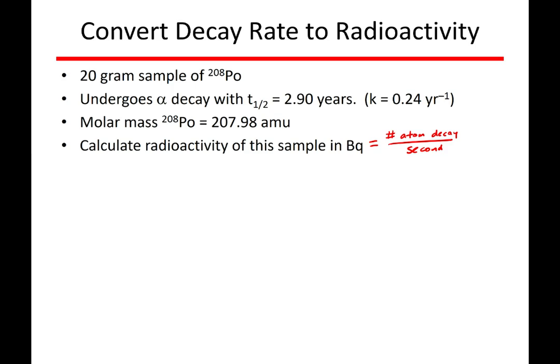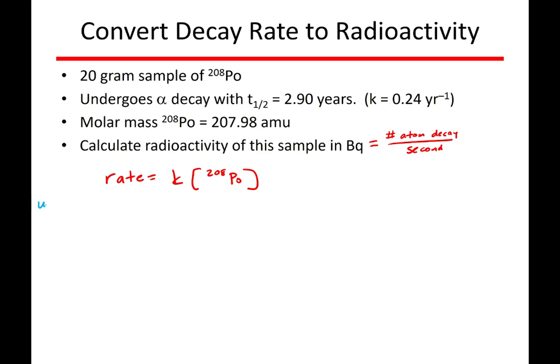So what we can start by doing is writing the rate law for this reaction. Now, to write the rate law, we would say rate is equal to the rate constant K times the concentration of our reactant. In this case, it's polonium-208 that's reacting. And it gets raised to the first power because remember that nuclear decay reactions always happen on first-order kinetics. So raise it to the first power.